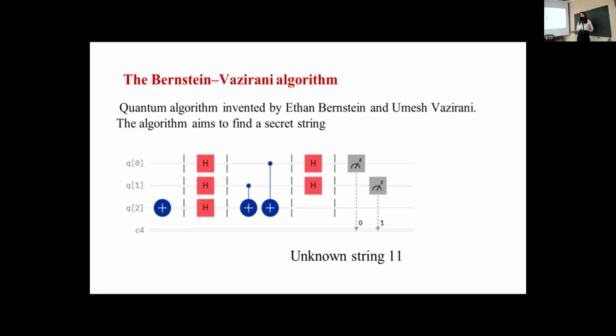So for instance, for zeros we have some case, and for ones we have another case, and we have a combination. This is a theoretical algorithm which was presented and developed.